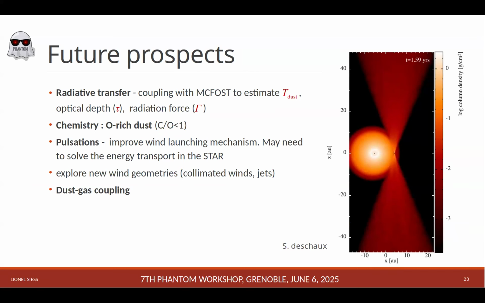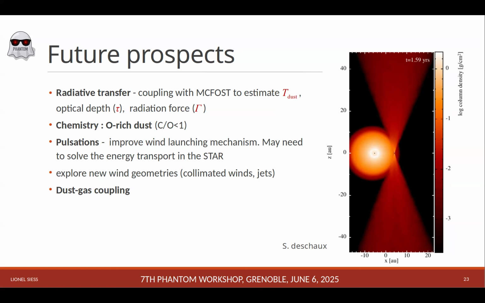Also, potentially, MC-FOSS can give us the radiative acceleration, so we don't have to rely on other approximations. A very important aspect that was brought up with Camille is to include the oxygen-rich chemistry, because at the moment this nucleation is just for carbon-rich, but most of the stars are oxygen-rich. So we're just probing a very small fraction of the star population.